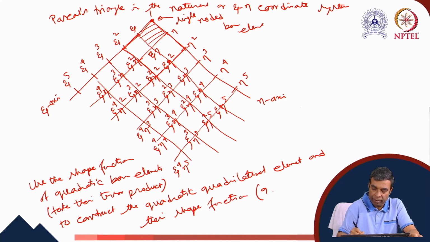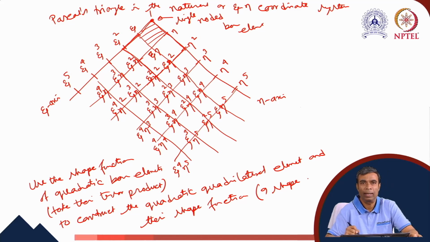There will be 9 shape functions for the quadratic quadrilateral element because of the 9 nodes.